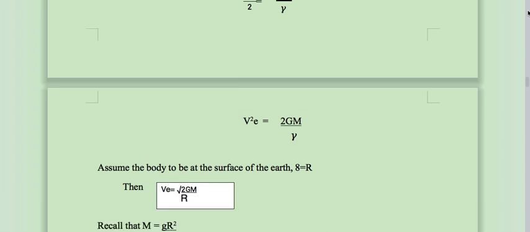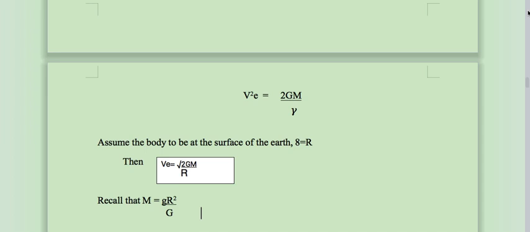But assuming the body to be at the surface of the Earth, assuming we are not talking about distance, we're talking about the surface of the Earth, that means our small r is equal to the big R.